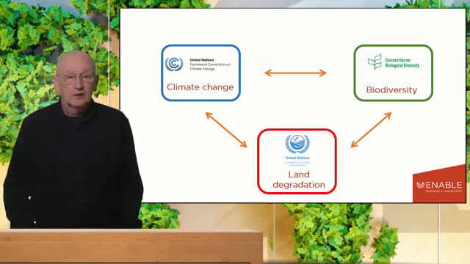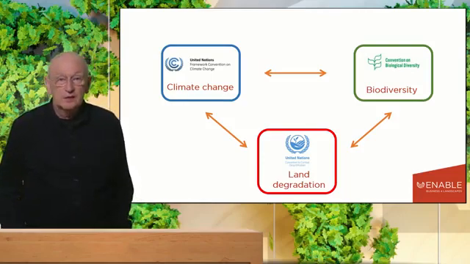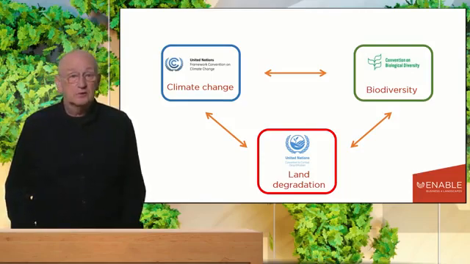Poor land condition is most often a result of unsustainable land use. It leads to lower biodiversity, contributes to emission of greenhouse gases, reduces its resilience, and, in most severe form, causes ecosystem collapse.